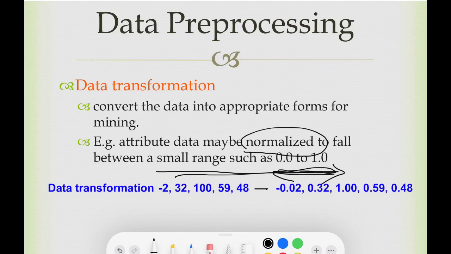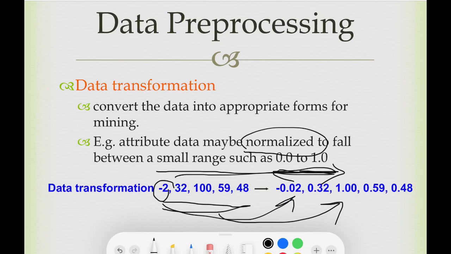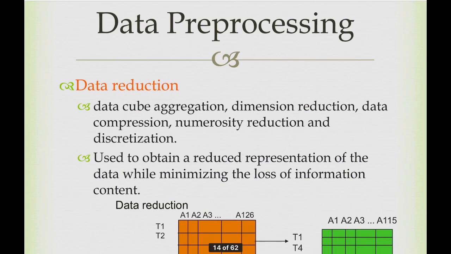For example, if we take a look here, this range is quite big, -2 up till 48. We are going to transform it to the range of 0 to 1. Tapi sebab this is -2, so kita akan transform dia kepada negative value jugalah. So from here, the range is quite smaller compared to the real data.